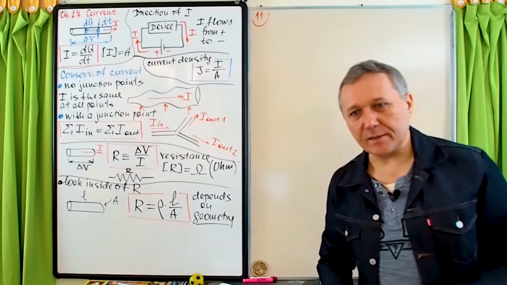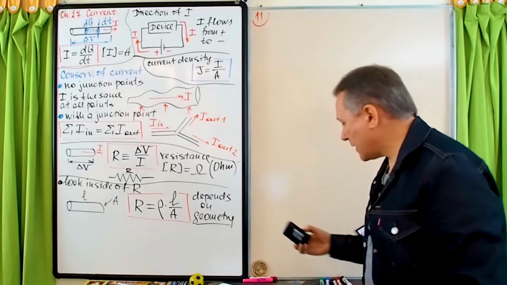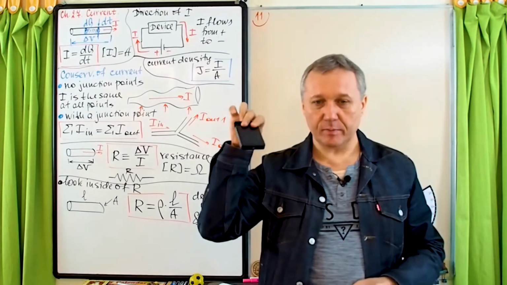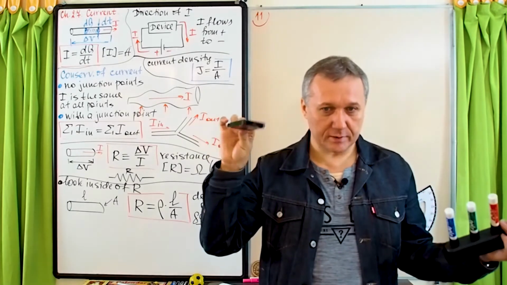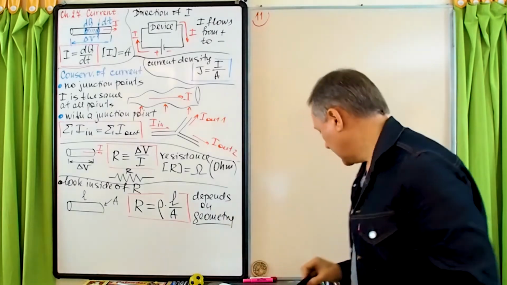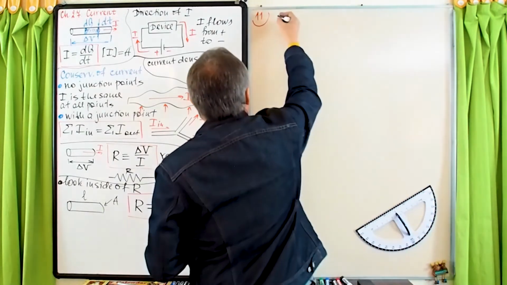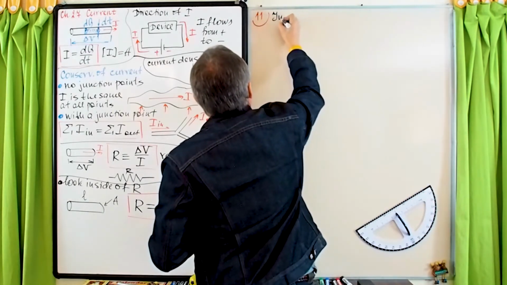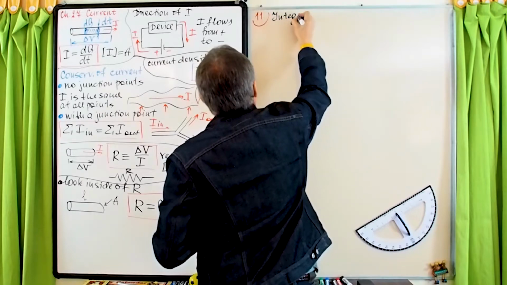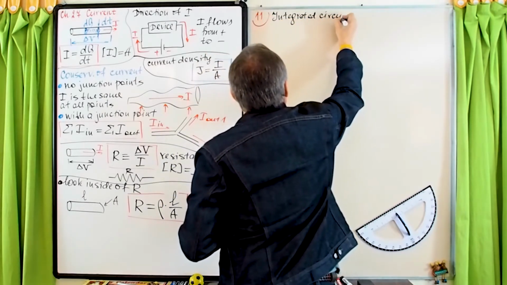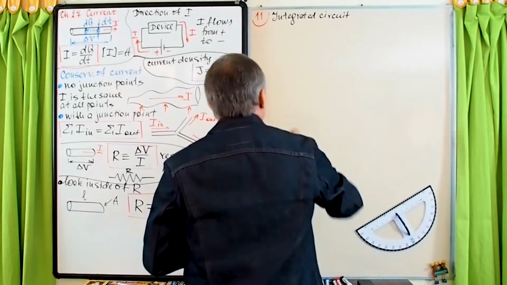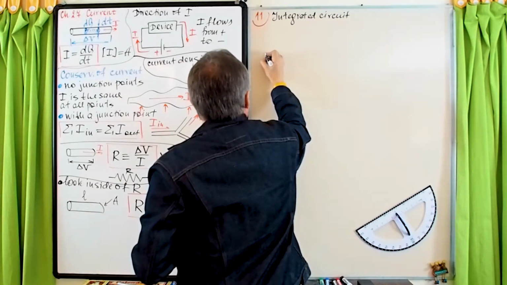It sounds so fancy, but for us, it's just nothing but a slab of a material, and current flows through this slab. But anyway, it sounds cool, so let me write integrated circuit. Geometry is given. Let me draw the picture first.